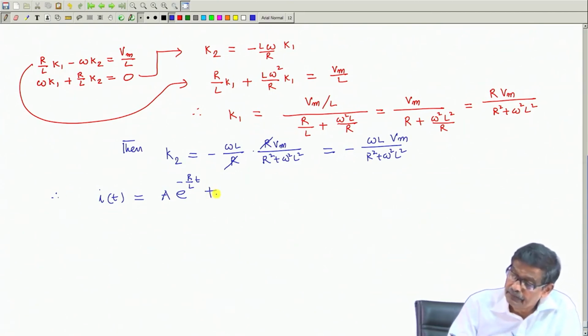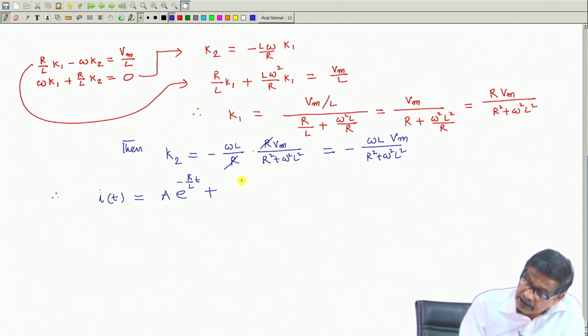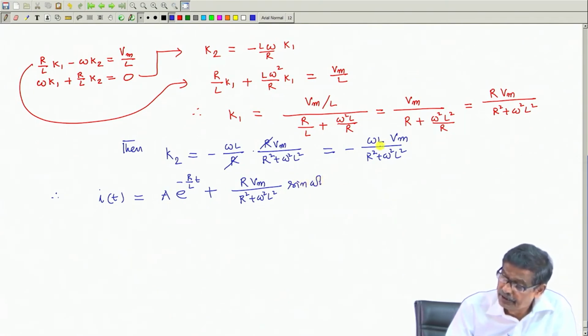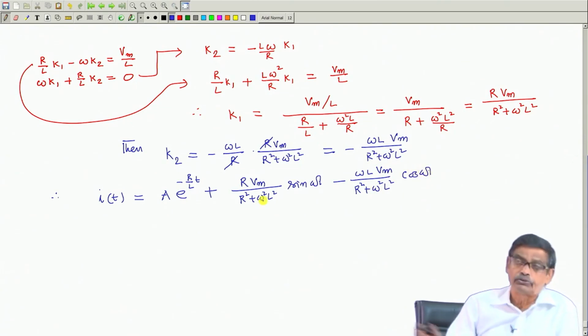So, k 1 into sin omega t, where k 1 is this one, plus k 2, which happens to be a negative quantity, minus omega L by r square plus omega square L square into V m into cos omega t. So, this is the total solution.